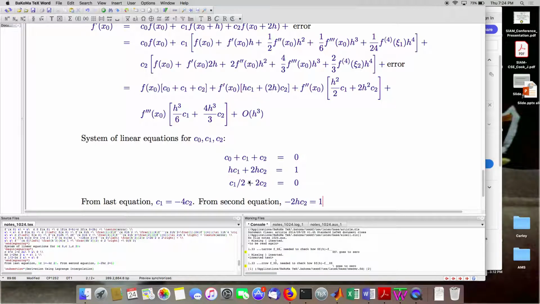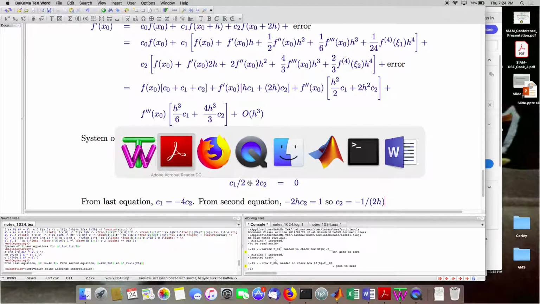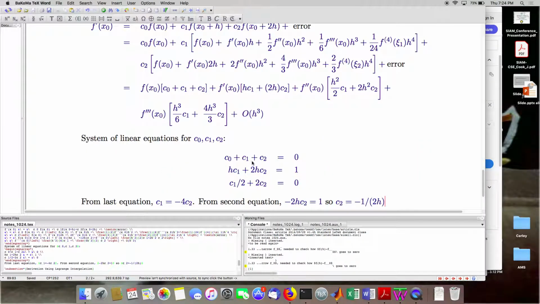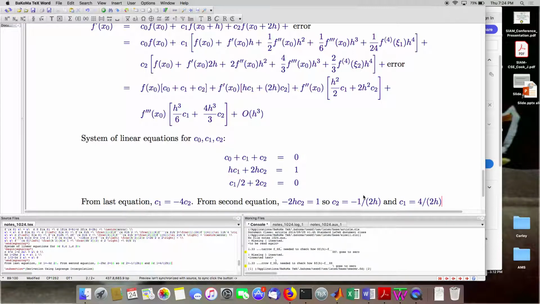So c2 is equal to minus 1 over 2h. And now I can multiply that by minus 4, and I get c1 is equal to 4 over 2h.